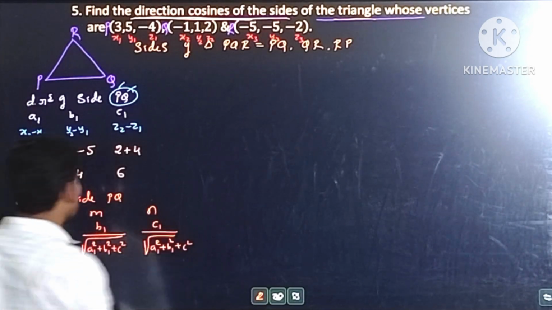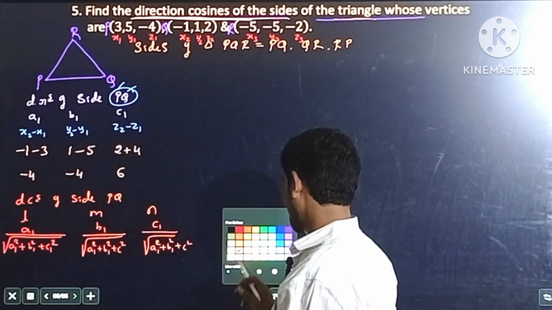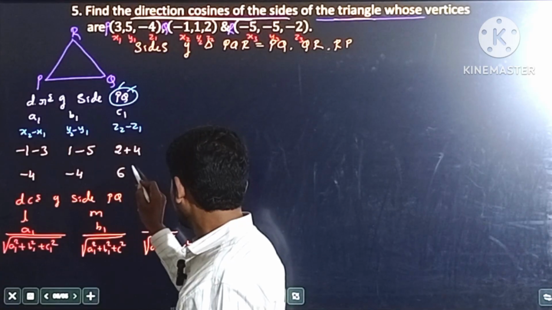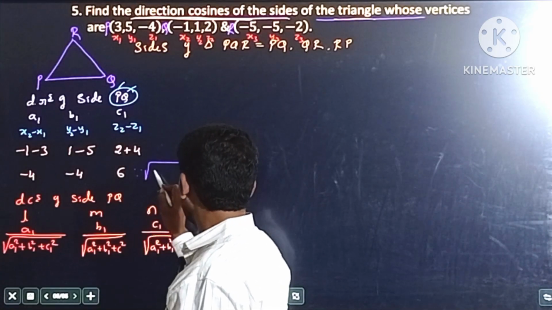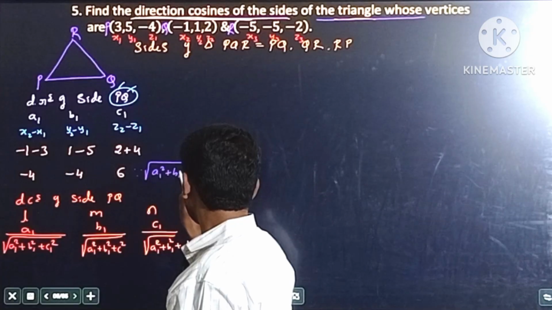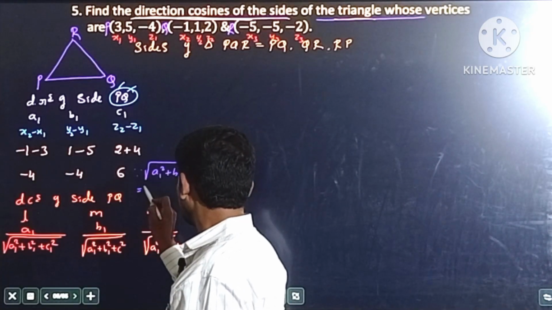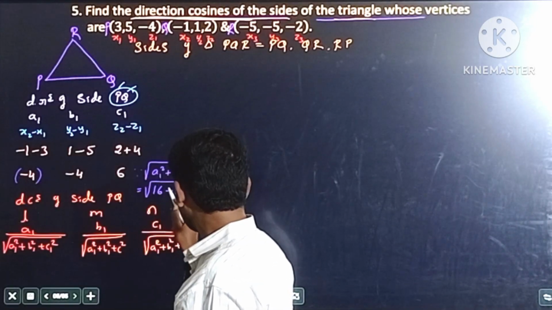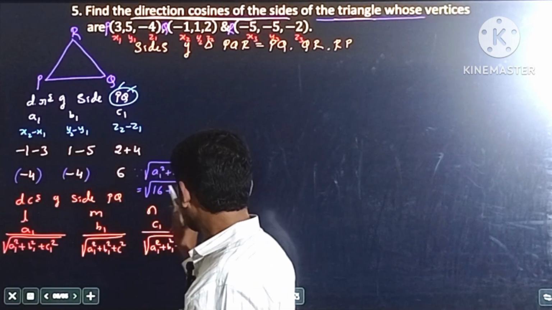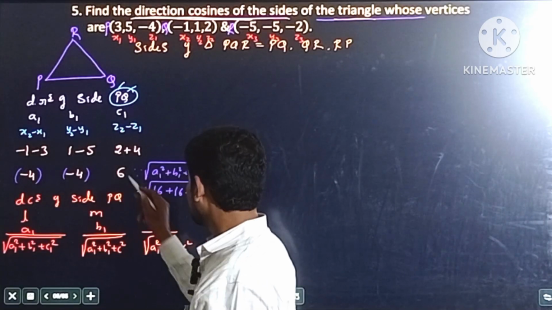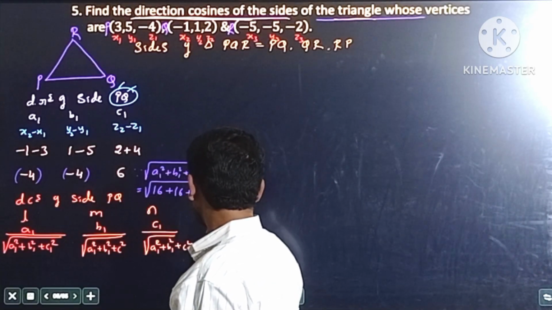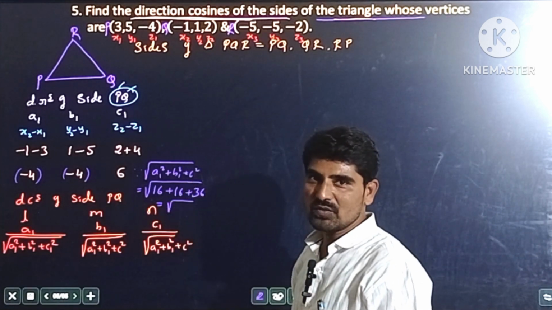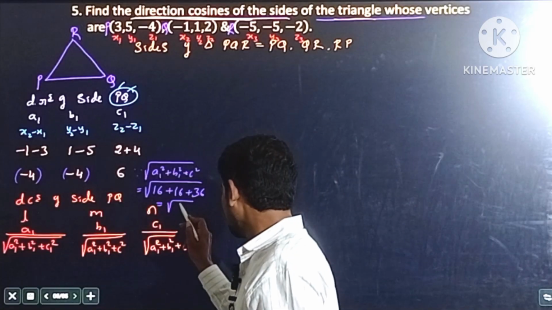We need the value of the square root of A1 square plus B1 square plus C1 square. This is equal to the square root of A1 square, minus 4 square, which is 16, plus B1 square, also minus 4 square, which is 16, plus C1 square, 6 square, which is 36. This is the square root of 16 plus 16, 32, 32 plus 36 is 68.